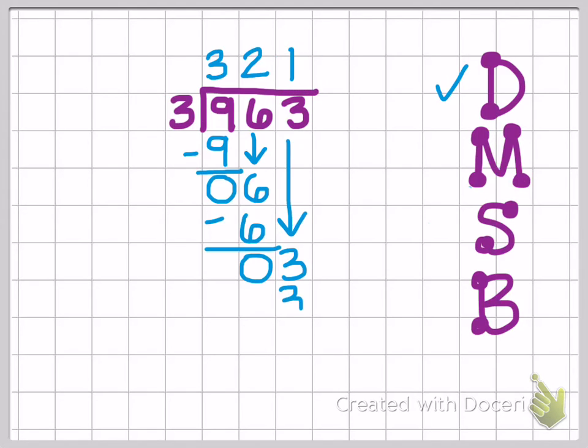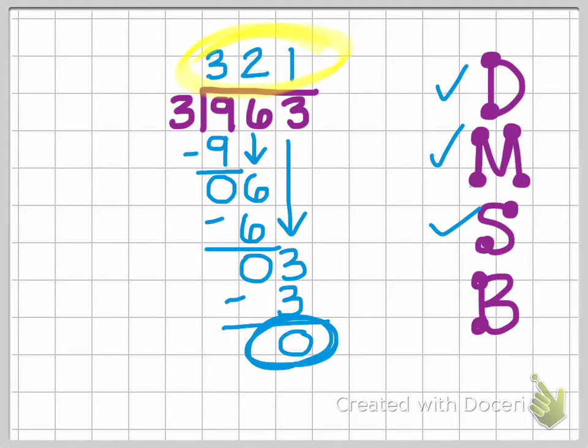We place it down at the bottom. Now we subtract. 3 minus 3 equals 0. There's not another digit to bring down. We do not have a remainder at the bottom. It is 0. So our final quotient, our answer, is 321.